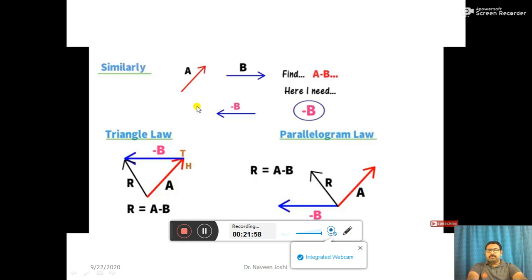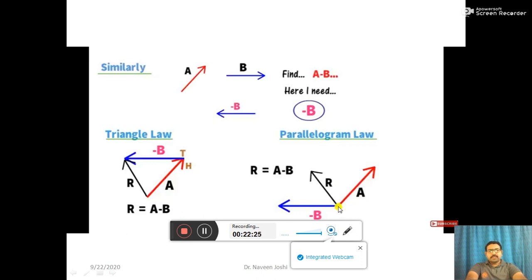Similarly, if you consider the same vectors by the parallelogram law: the triangle law says head and tail rule, but the parallelogram law says tail and tail rule. That is, the tail of one vector you are attaching with the tail of another vector. If you consider the same example, let us take vector A, in red color.